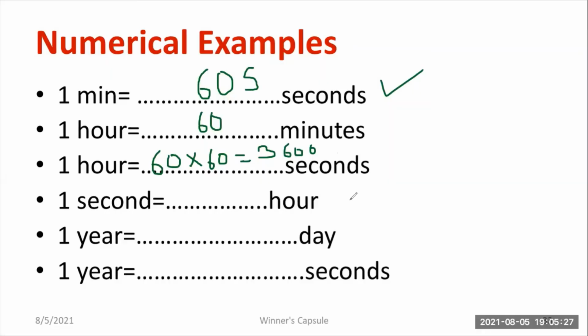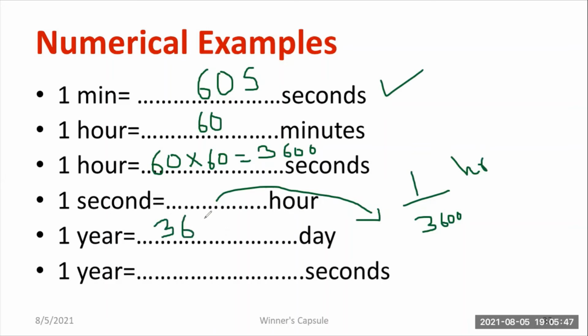Let me ask one question. Therefore, 1 second is equal to how many hours? I'll be writing the answer here. 1 second is equal to 1 by 3600 hours. 1 year is equal to dash days. Can you imagine? 1 year is equal to 365.25 days. 1 year is equal to how many seconds? 3.156 into 10 to the power 7 seconds.